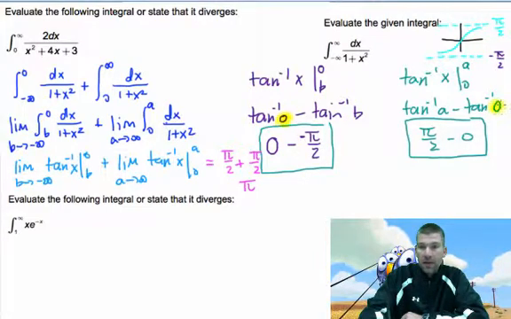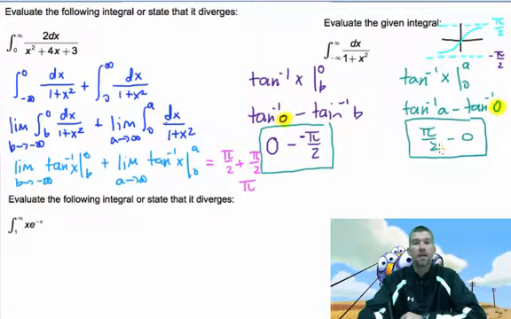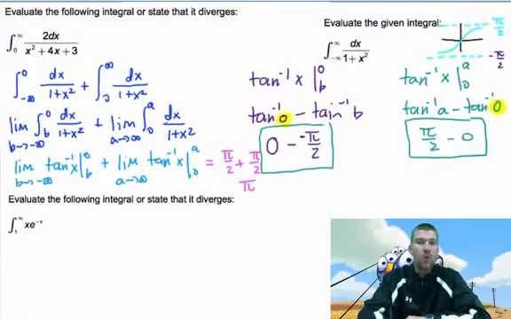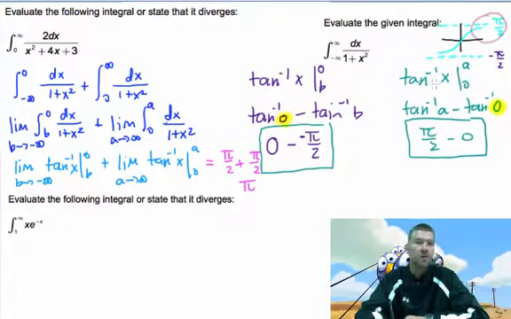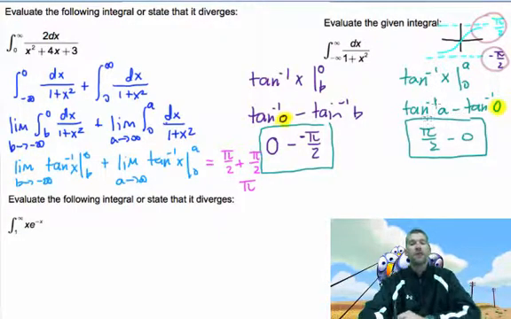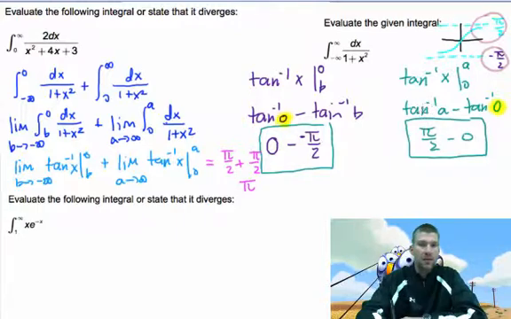What will you approach as you get really large? What are you approaching as you get really small? When you look at those things, that will help you. And if you can graph this while you're working on it, that'll help a lot as well.